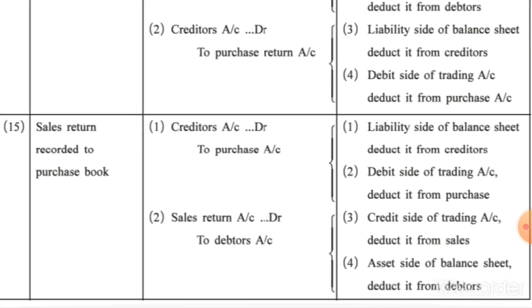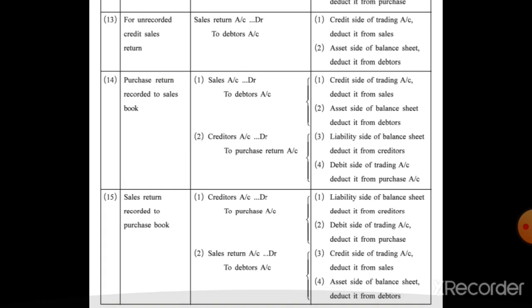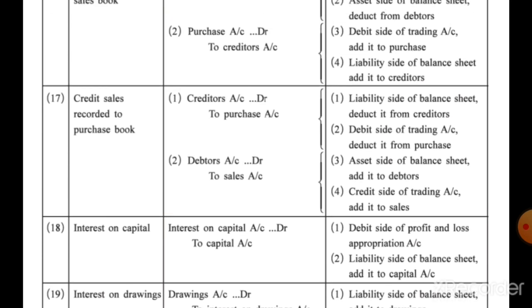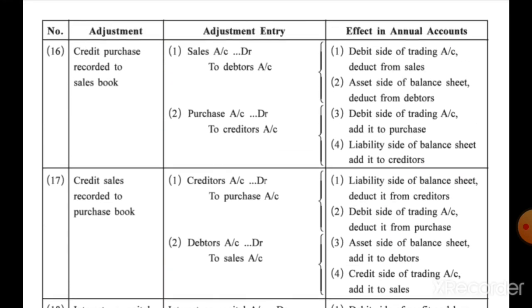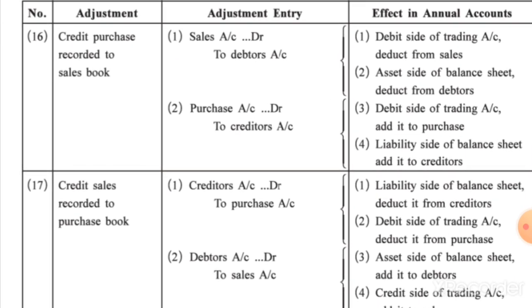Okay, now after understanding 15th adjustment, let us understand the 16th adjustment, that is credit purchase recorded to sales book. Just as credit purchase return, credit sales return, wrong effect was given, in the same way credit purchase recorded to sales book.